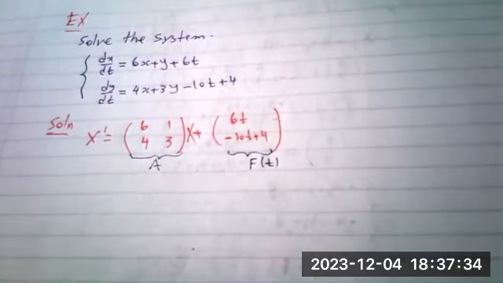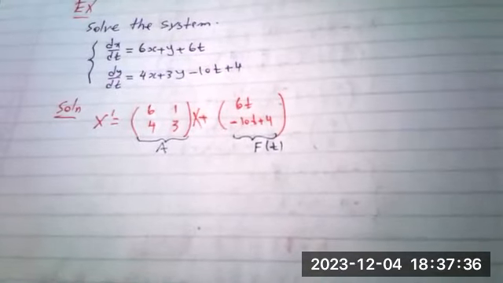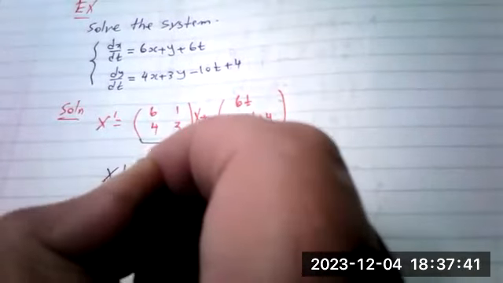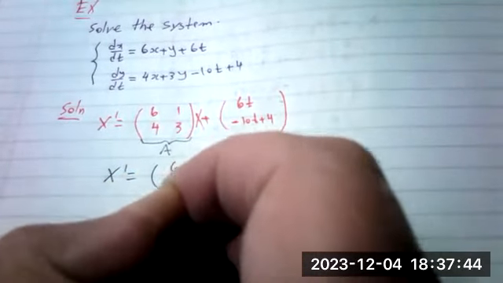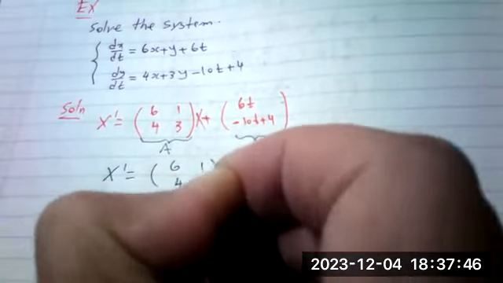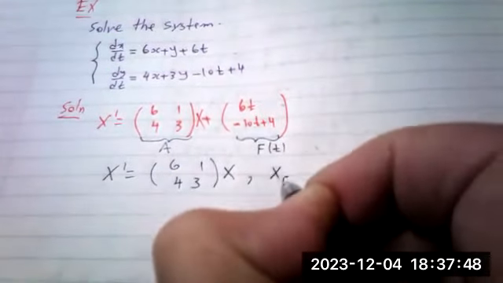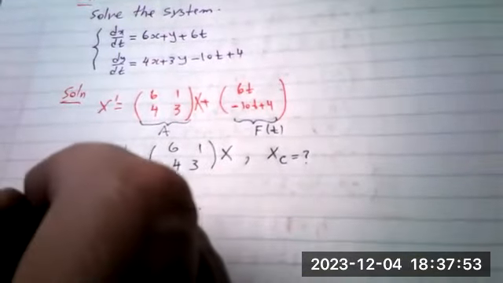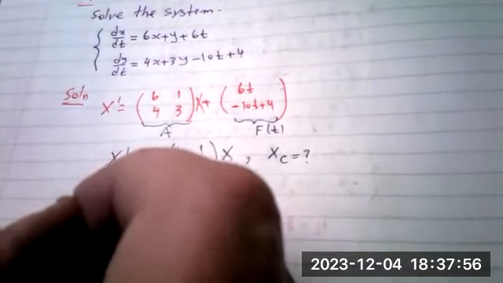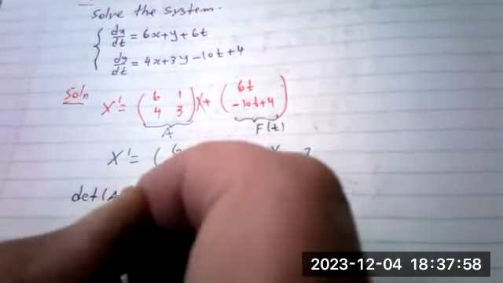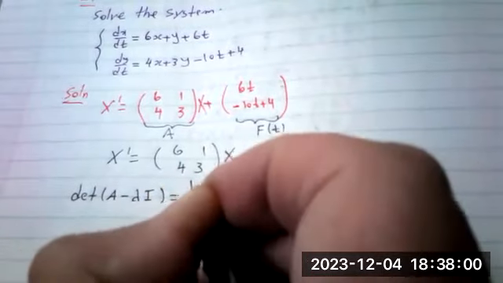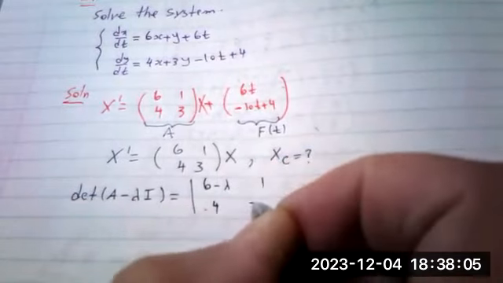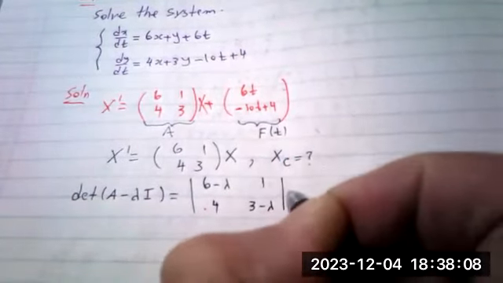Again, we have to solve the homogeneous one first. So go for the homogeneous one: X prime equal to the matrix 6, 1, 4, 3 times x. So we are looking for the xc. For the matrix again, the determinant of A minus lambda I, which is 6 minus lambda, 1, 4, 3 minus lambda, equal to 0.